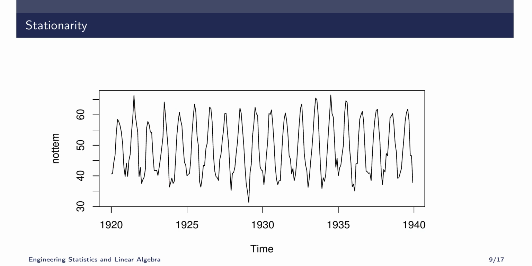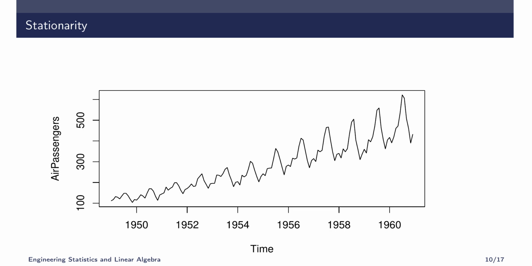So here mean and variance are different, but this is repeating or harmonic. Now what about this one? This is the number of air passengers of some particular air company, plotted from 1940 to 1970. If you take the mean of this one, what happened to the mean? Mean means the average value of these sets.